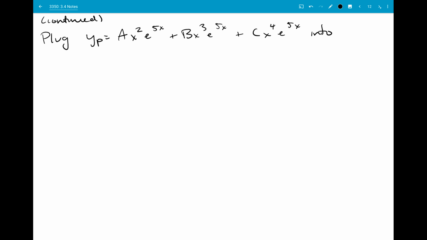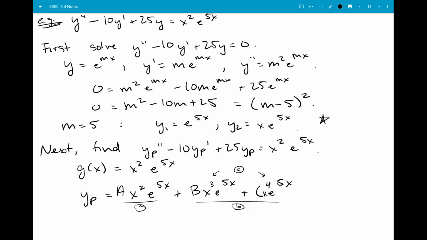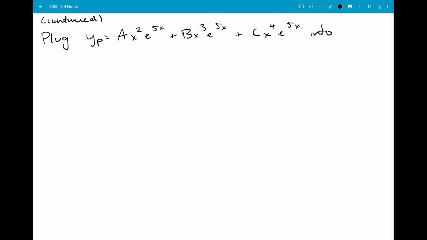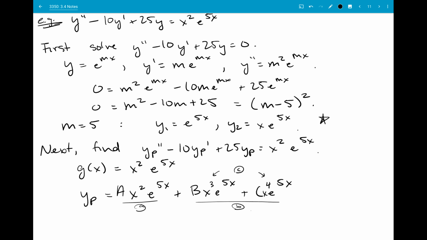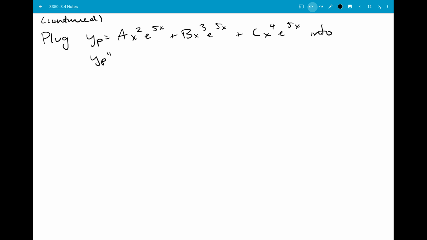And what I want it to do is to satisfy, where's my differential equation again? y'' - 10y' + 25y, all equal to x^2 e^(5x).